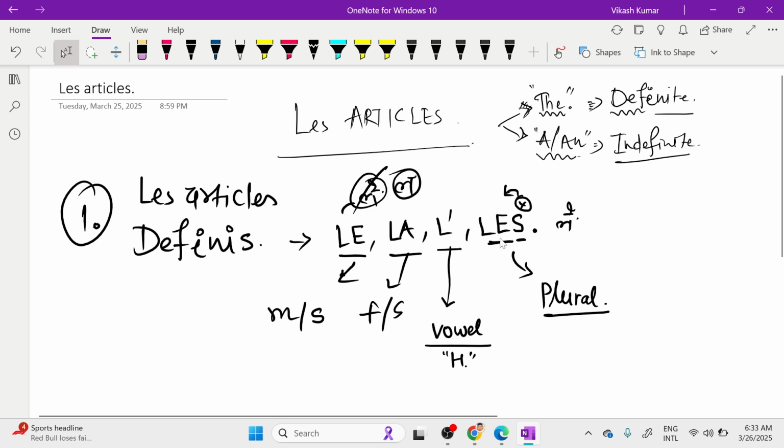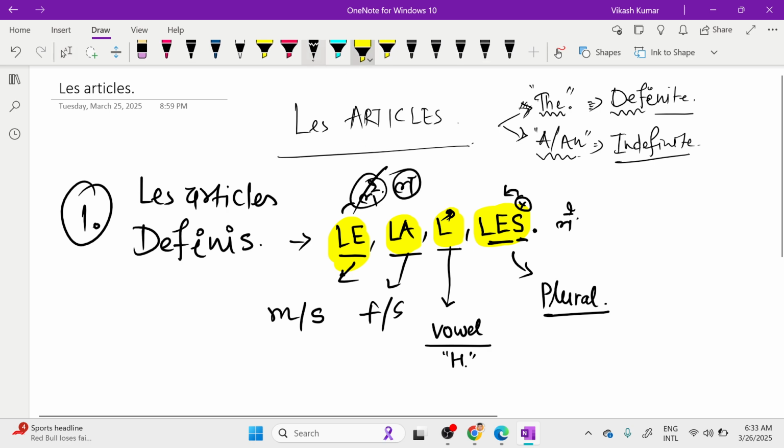So it means we are already pronouncing this S, maybe halfway, maybe just the impact of this S on the letter, but we are taking it into consideration. So le, la, l apostrophe, that's the apostrophe we write, and then les, lay. So these are fine.